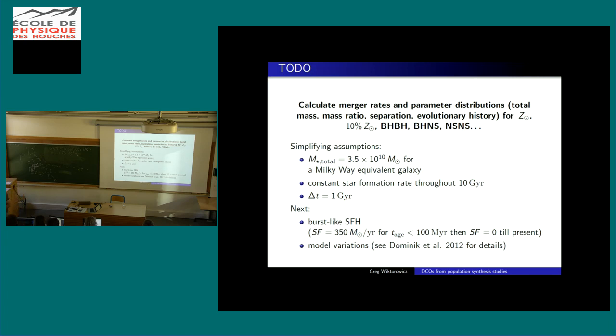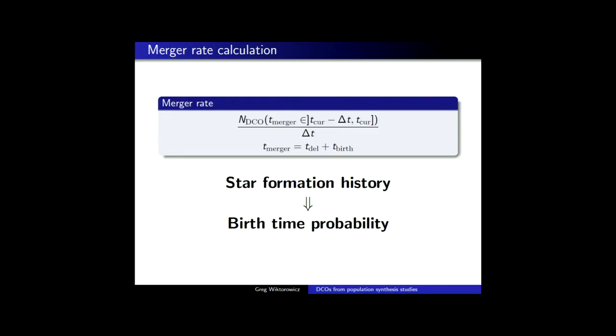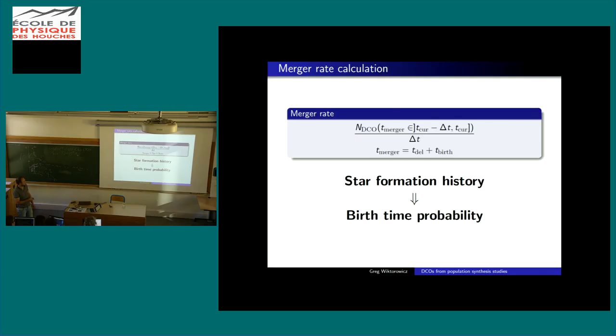We want to count these double compact objects for whose the merger time is calculated as a sum of this delay time, which is provided in these data files, plus this birth time, which is given by the star formation rate.